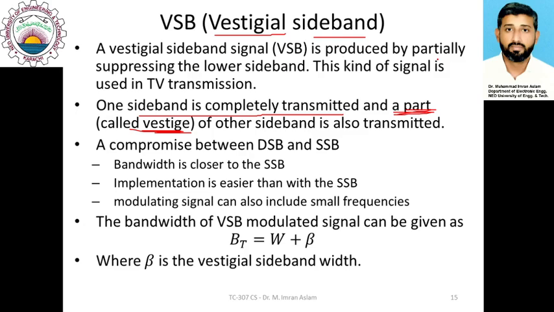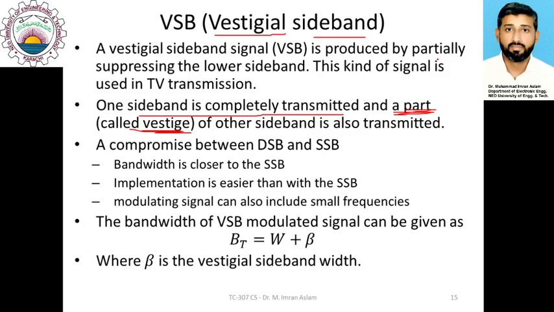This kind of scheme is generally used in TV transmissions. The reason we use this scheme is improper filtering. We have previously discussed that we do not have ideal filters in the real world. The real filters actually suppress some signal components.